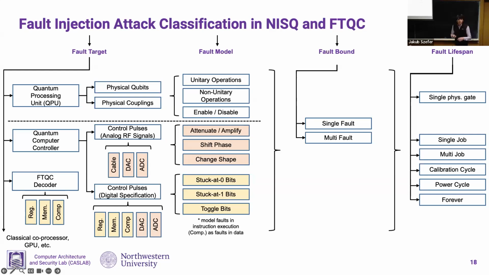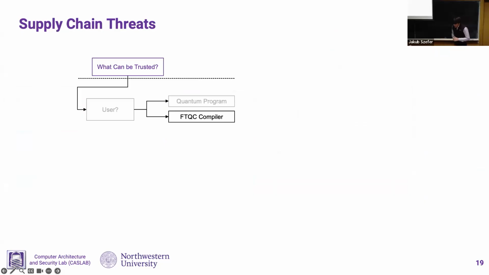Okay, so hopefully that was a quick review. Now I added something we didn't talk about, supply chain. This is just one slide, but I wanted to highlight possible supply chain threats. This is maybe much more of a problem in classical computers, where you have many suppliers of the equipment.